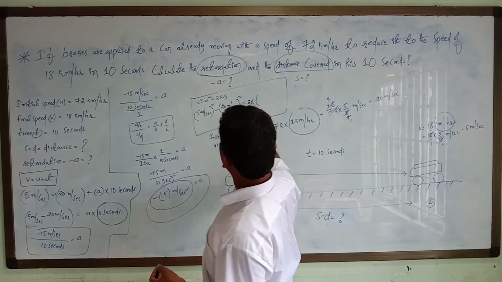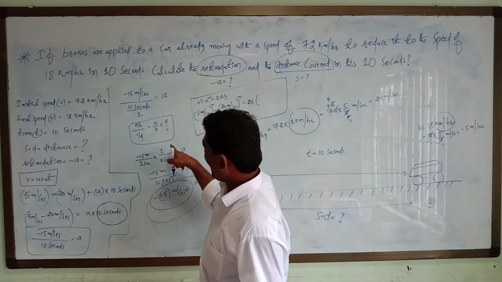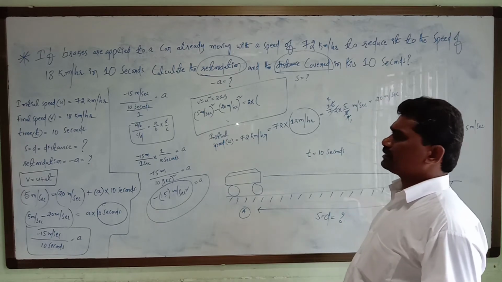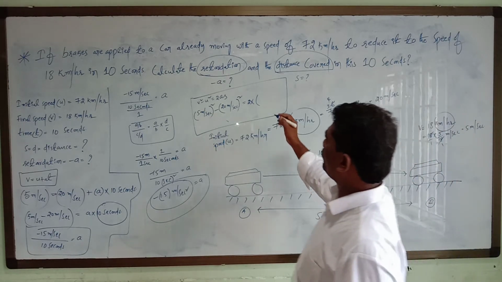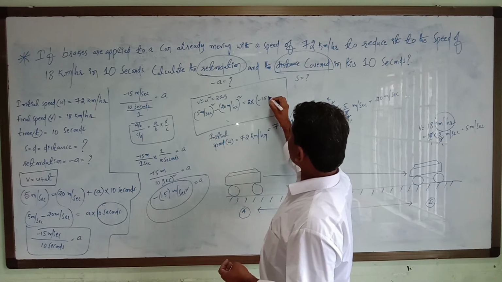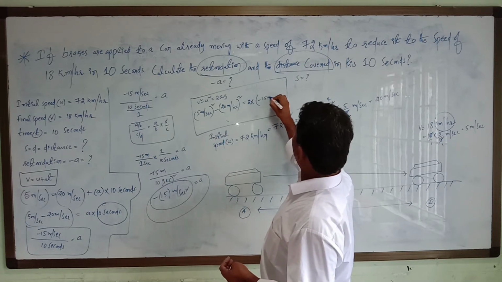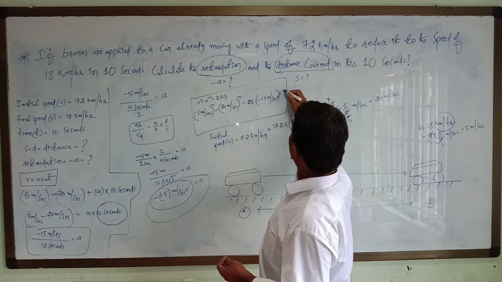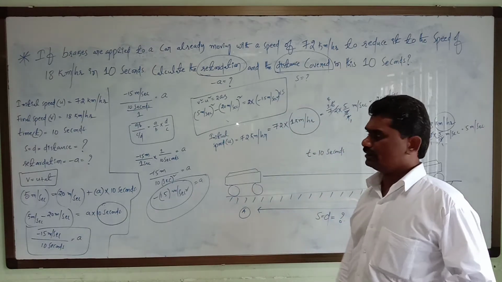What is the value of acceleration? Here the acceleration value is given as minus 1.5 meter per second square. So we can substitute that value here, minus 1.5 meter per second square into distance.